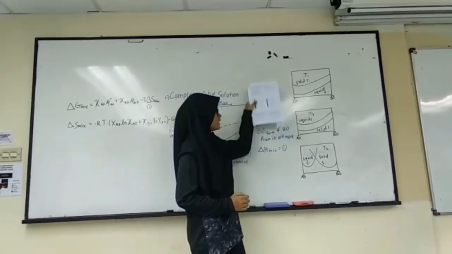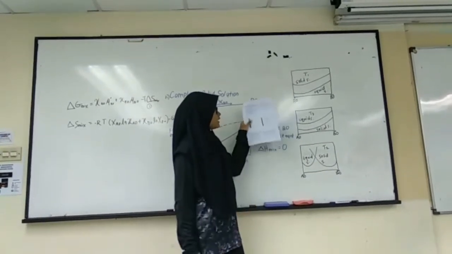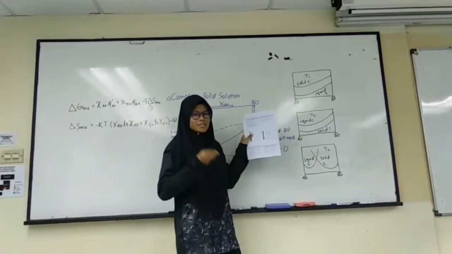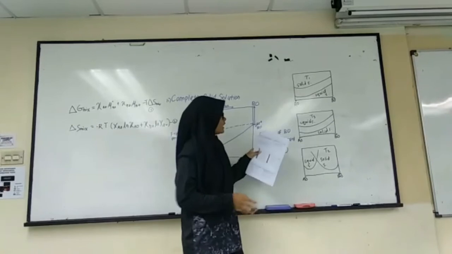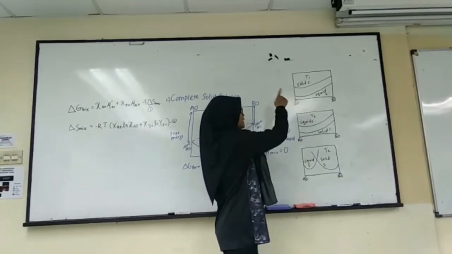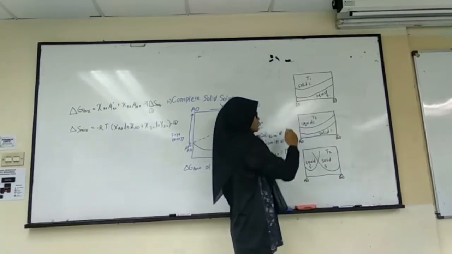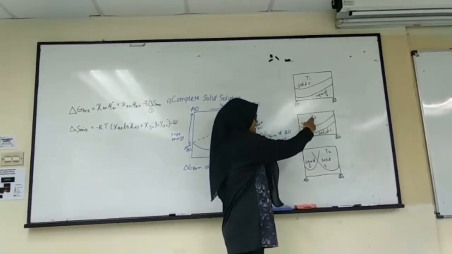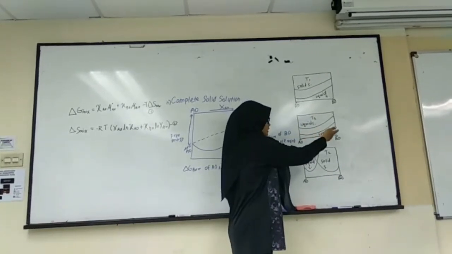As you can see, these are several types of graphs that show temperature versus composition versus free energy. At T1, the liquid solution shows the lowest free energy. At T3, the solid solution shows the lowest free energy.